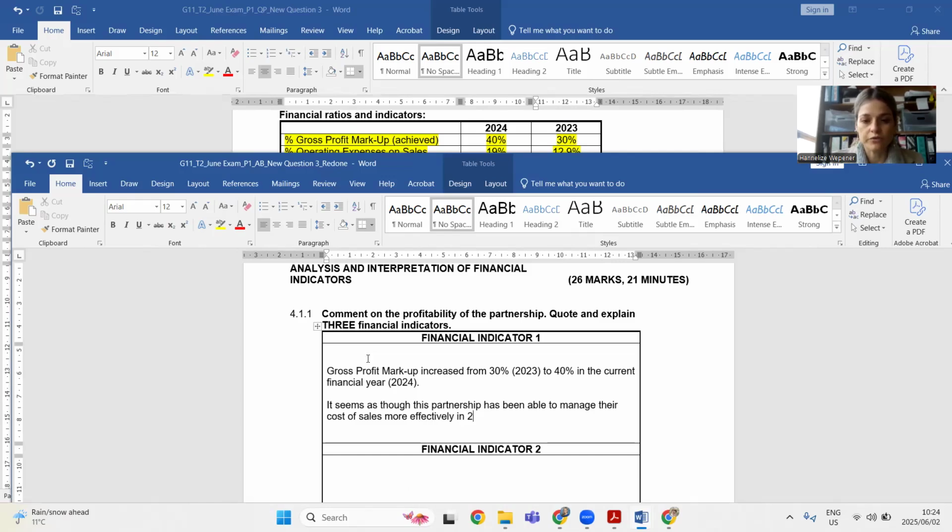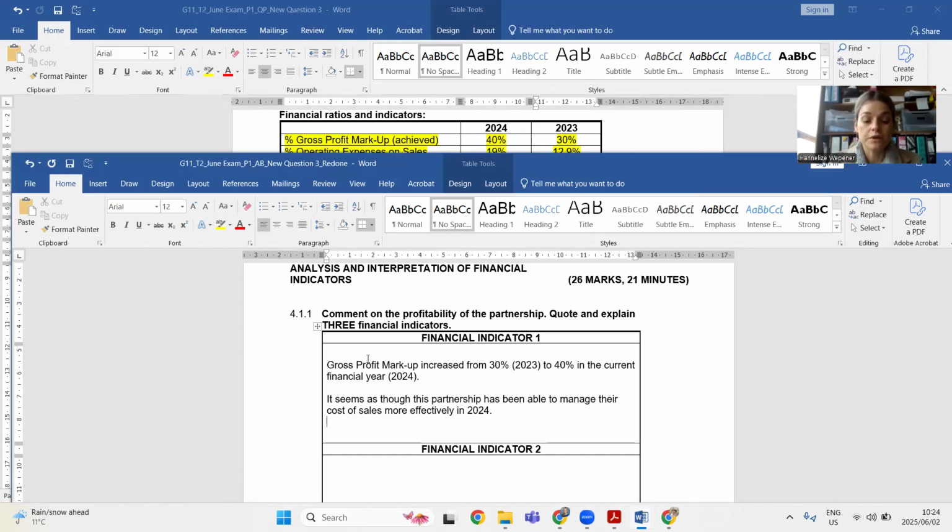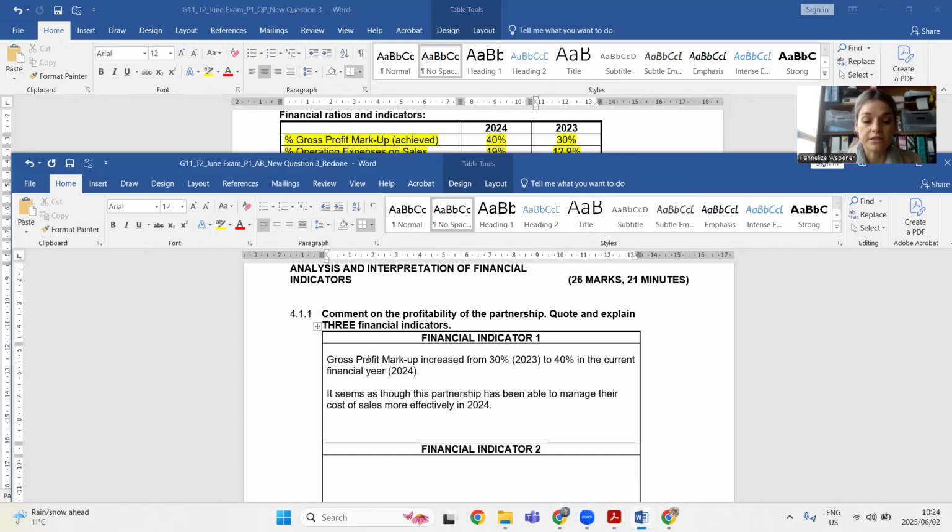in 2024. It could be that they are using a new supplier at a better cost with the same quality.